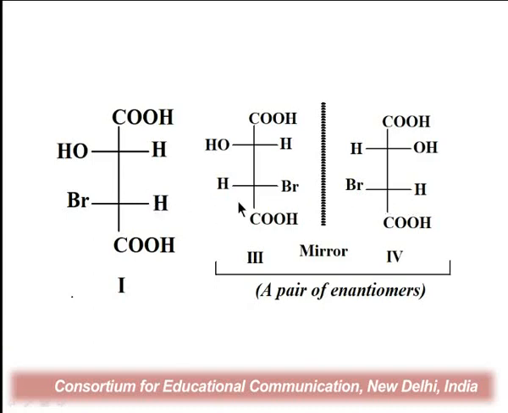So 1 and 4 are also not mirror images of each other, neither are they non-superimposable mirror images. So what are these isomers known as? These are known as diastereomers.